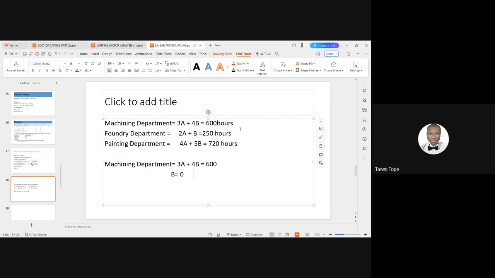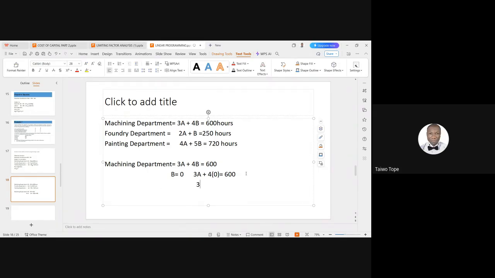This is it: 3A plus 4B. I just want to show it very clearly. If B is 0, you replace B with 0. 4 times 0 will give you 0.